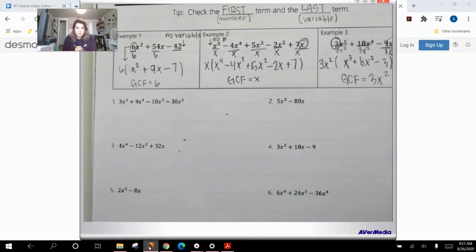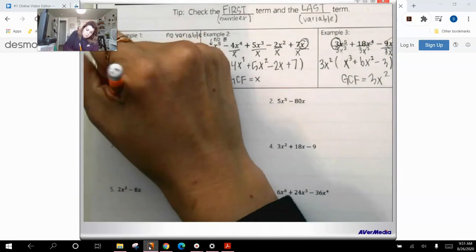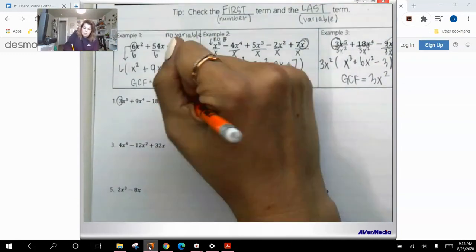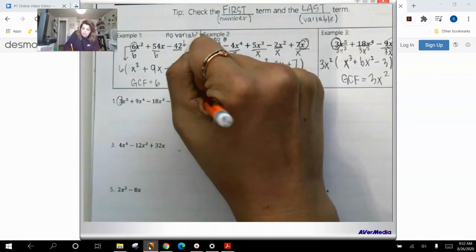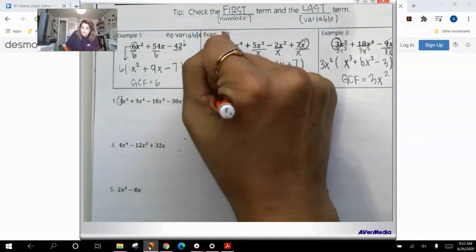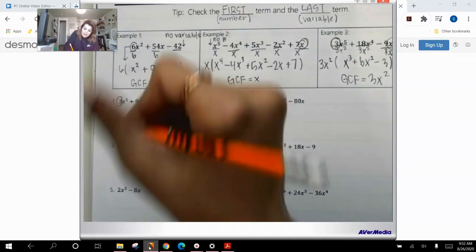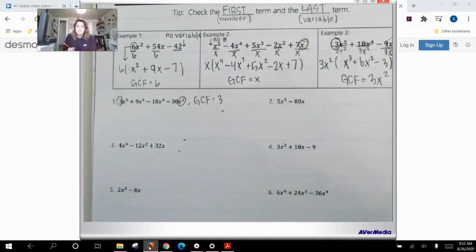What should you do first? What's the first thing that you should look at? Okay, you check the first term. We're going to take out a 3. So right here, I'm going to write a comma, and I'm going to say the GCF equals 3. Okay, what should you check next? Hopefully you said the end and you circled this x squared.